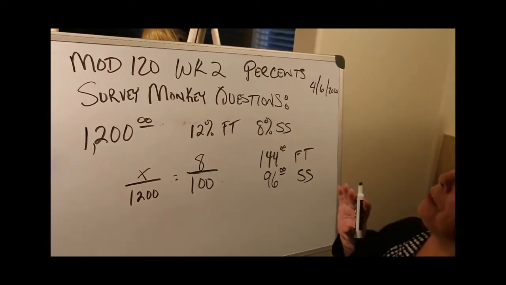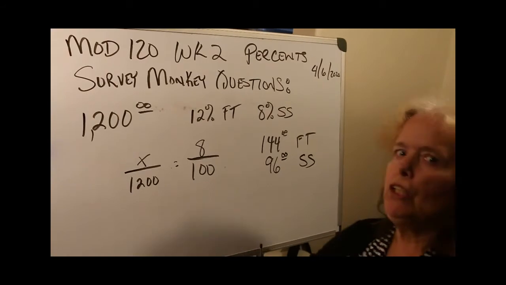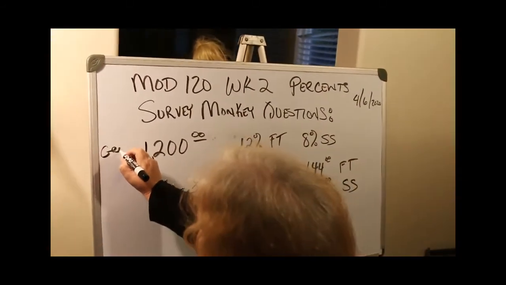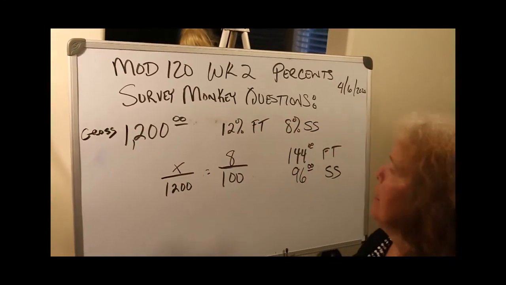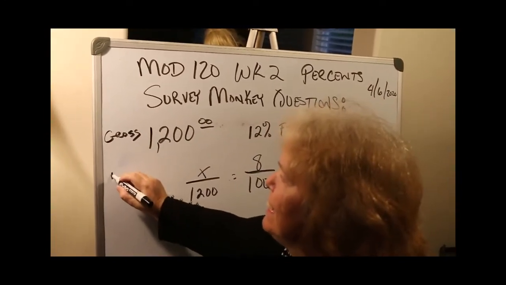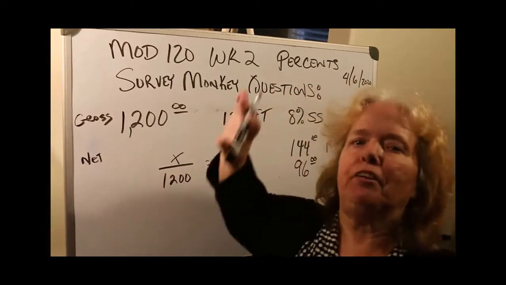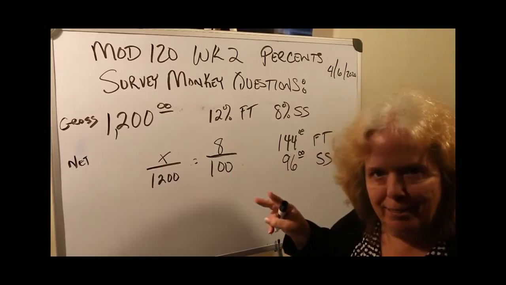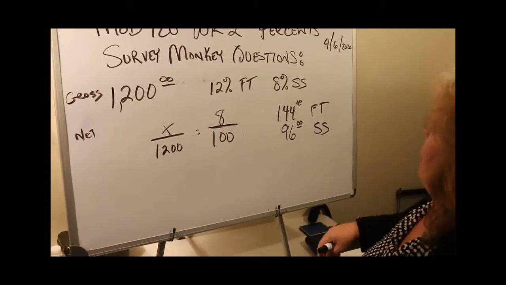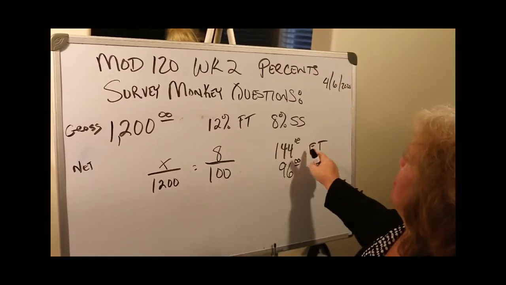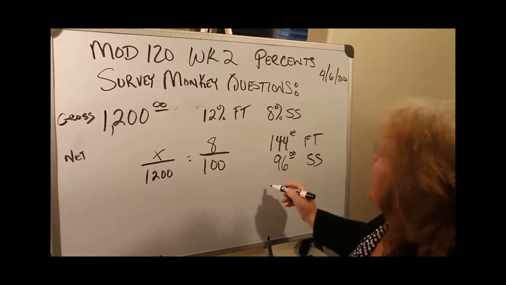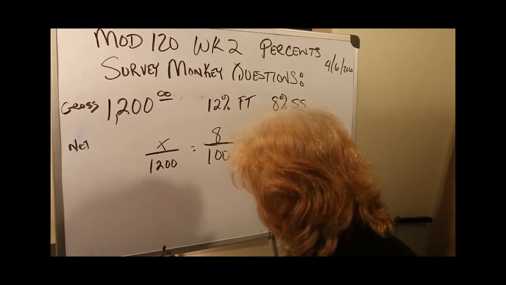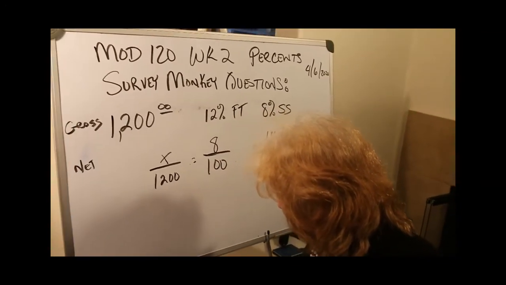All right. So now let's see, how much is he going to take home? This is his gross. We'll do more payroll a little bit later. What is his net? How much is he going to take home? Now we're not going to figure out all those other taxes. Let's say we're in a world where he only pays these two taxes. Okay? So he's going to pay $144 in federal tax and $96 in Social Security. So again, we'll just add those together. 144 plus 96 equals.